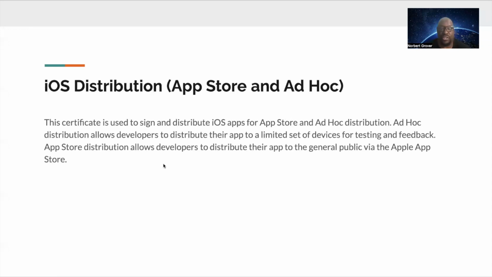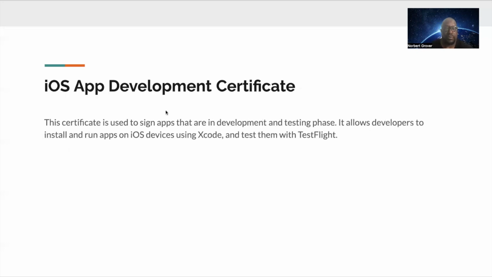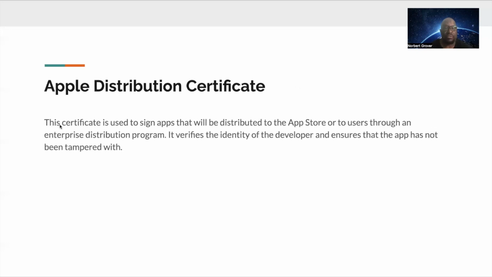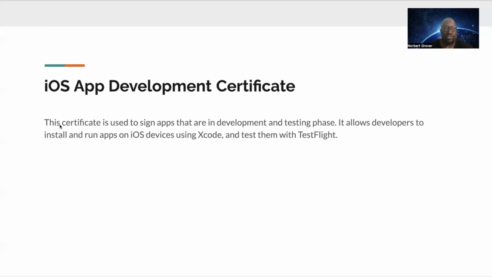iOS distribution. Hold on, let me go back. The iOS development certificate. This certificate is used to sign apps that are in the development and testing phase. It allows developers to install and run apps on iOS devices using Xcode and test them with TestFlight.